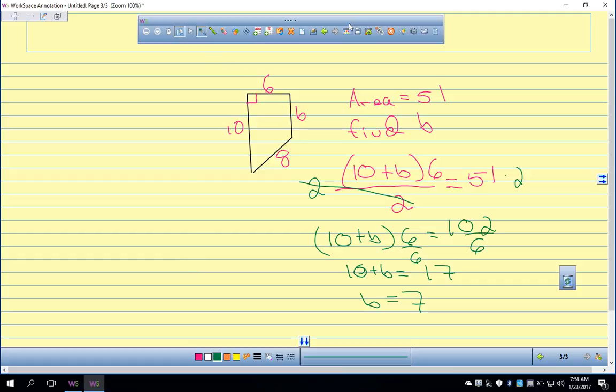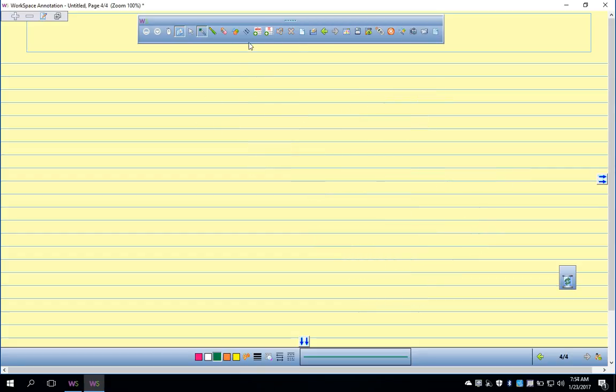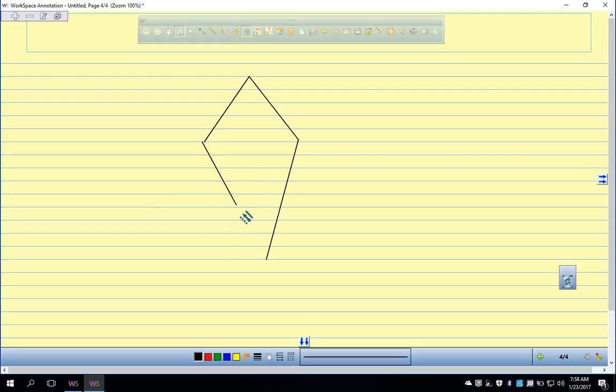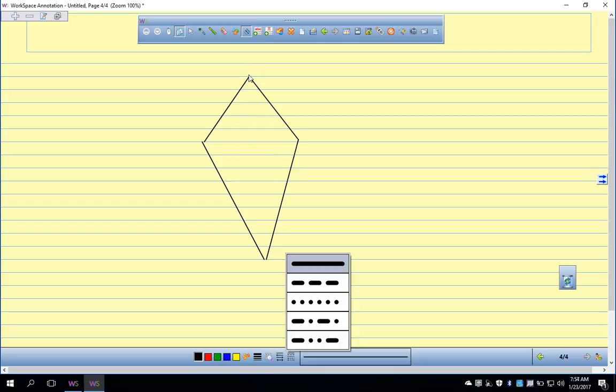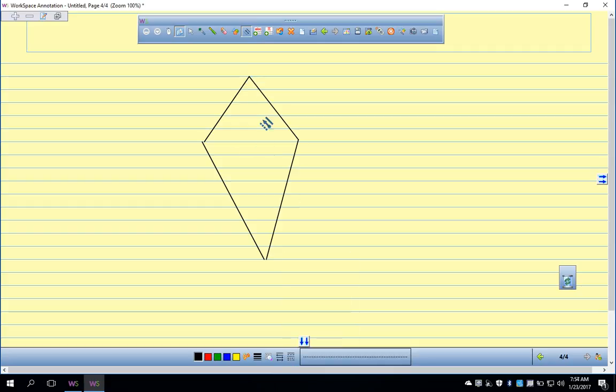Okay. Last formula. So you got the trapezoid, we got the triangle. Now we're going to talk about kites. A kite looks like this, and we already played with it a little bit in the previous section. If you remember, a kite has two adjacent sides that are congruent, and two adjacent sides that are not congruent.